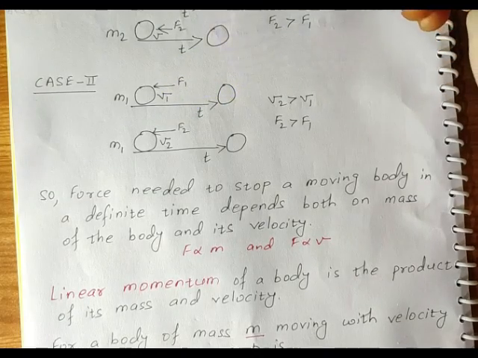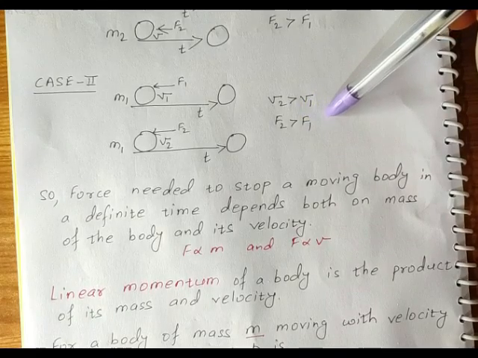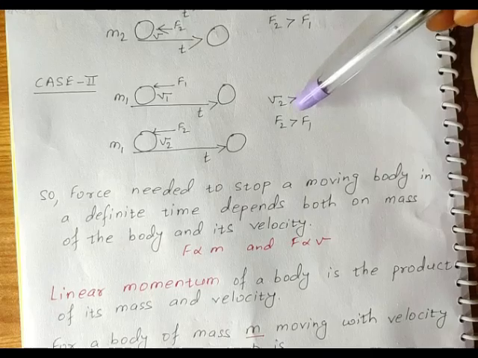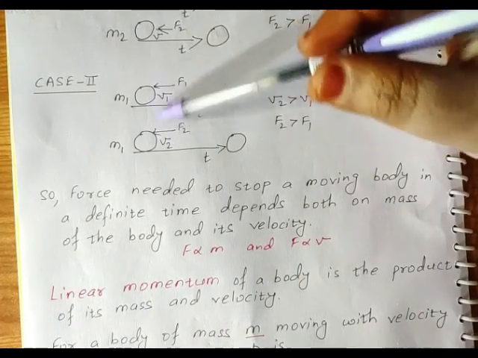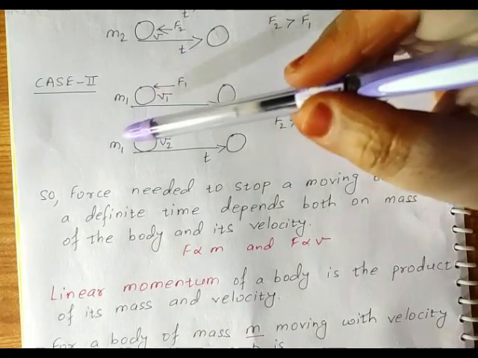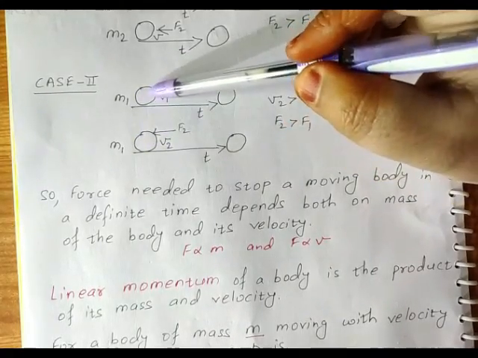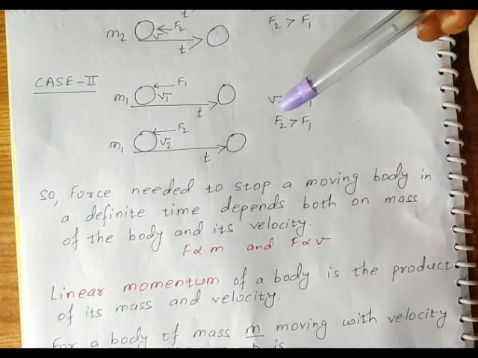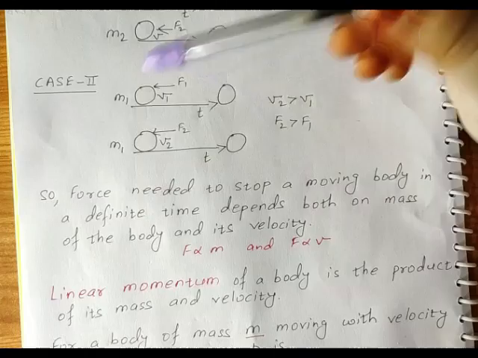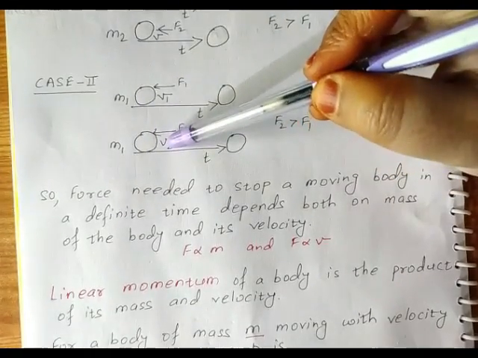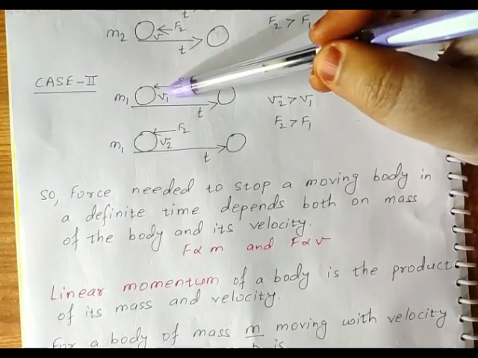This time also, will the forces be the same? No. Once again, the force to stop these moving bodies will not be the same. Of course, the masses are the same, but the velocities are different. So the force required to stop a faster body will be more than for a slower body.